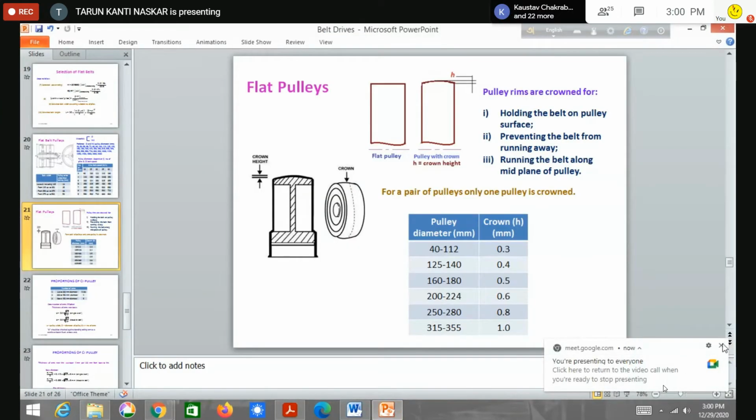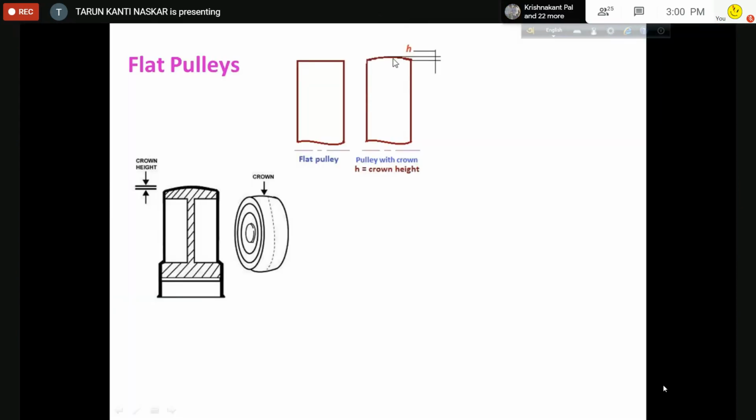It will tend to drag it onto this surface, onto this point, so it will be kept there. This is the first thing, why crowning is done.